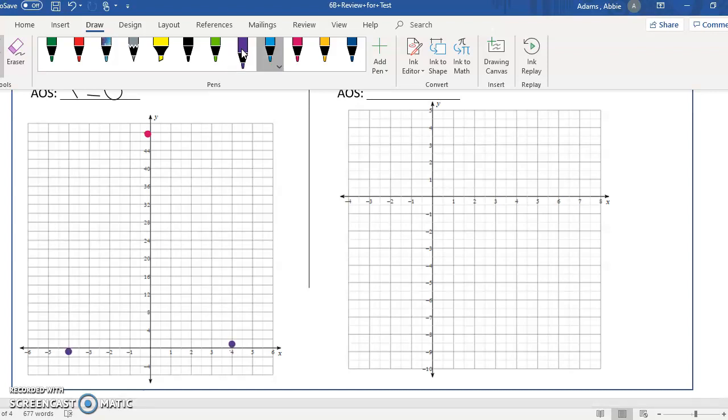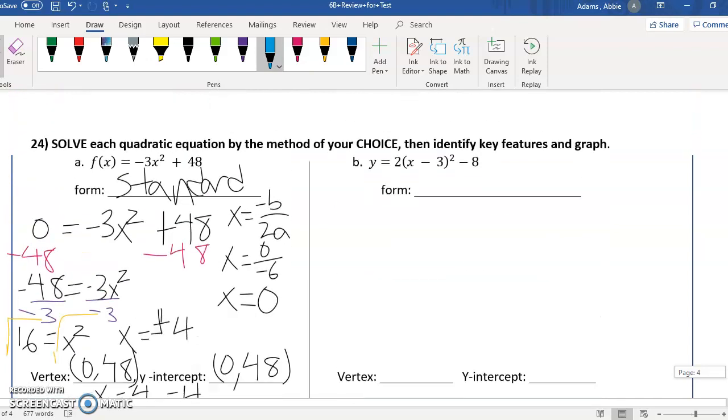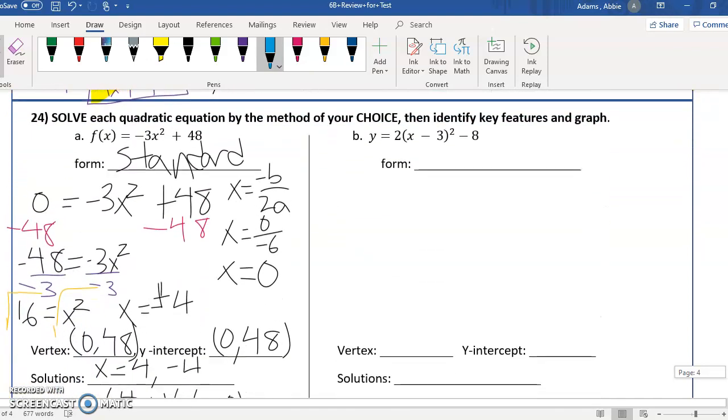So if I graph this function, it's going to look something along the lines of there, where our axis of symmetry is now where x equals 0. So that's our y-axis. And then we have an x-intercept at positive 4, an x-intercept at negative 4, and a vertex and a y-intercept at (0, 48). Okay, let's go over to our last question in this test review.